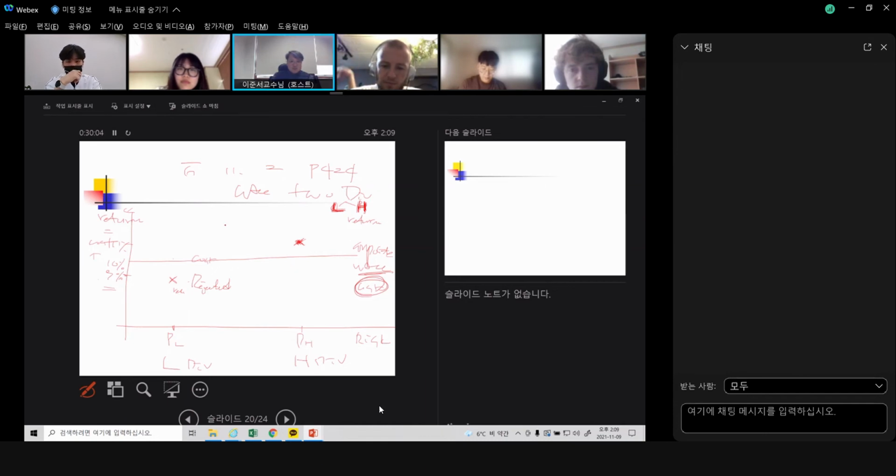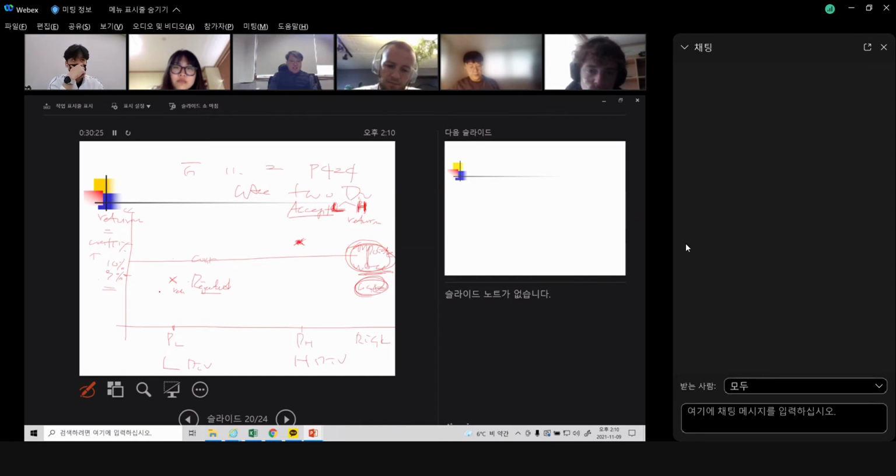Accepted. So if we use the composite WACC as the hurdle rate, in that context hurdle rate is cost, then project L should be rejected, whereas project H should be accepted.